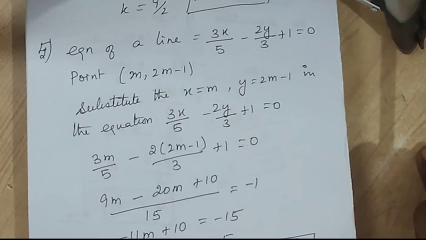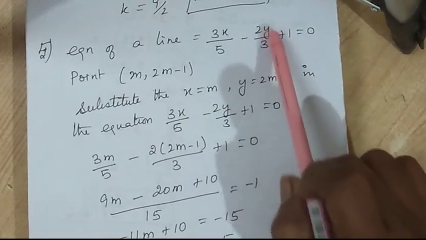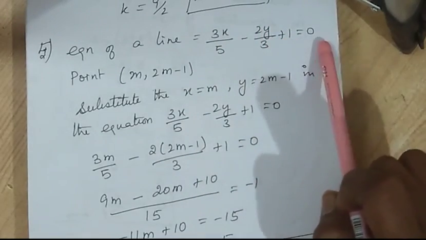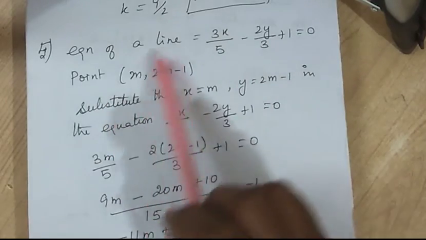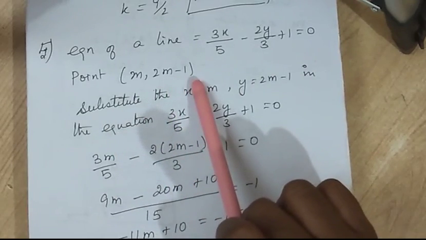See the fifth one. The line 3x upon 5 minus 2y upon 3 plus 1 is equal to 0 contains the point (m, 2m minus 1). Calculate the value of m. So equation of a line given 3x upon 5 minus 2y upon 3 plus 1 is equal to 0, and this line has the point (m, 2m minus 1).